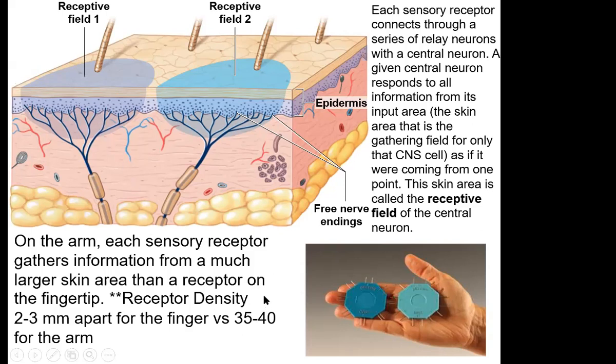The other important component is receptor density. Highlight that word right there, density. The more receptors you have in a particular area, the easier it is to figure out where that sensation is coming from.